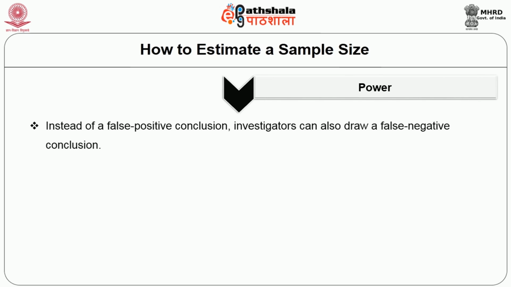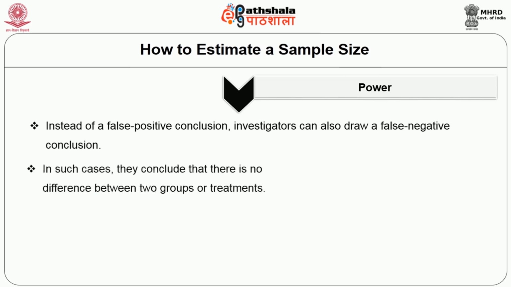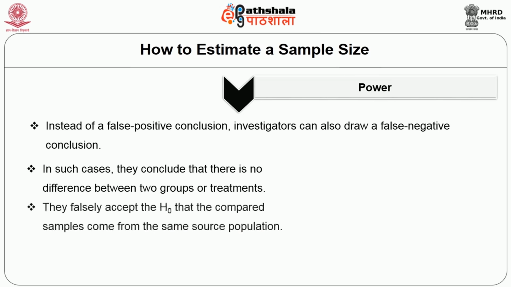The power. Instead of a false positive conclusion, investigators can also draw a false negative conclusion. In such cases, they conclude that there is no difference between two groups or treatments when in reality there is. Or in other words, they falsely accept the null hypothesis that the compared samples come from the same source population.